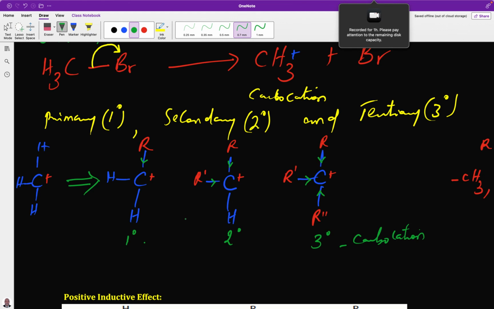Summarizingly, a tertiary carbocation with 3 alkyl groups donating electrons to the positively charged carbon, having a high density of positive charge, is the most stable among the 3.